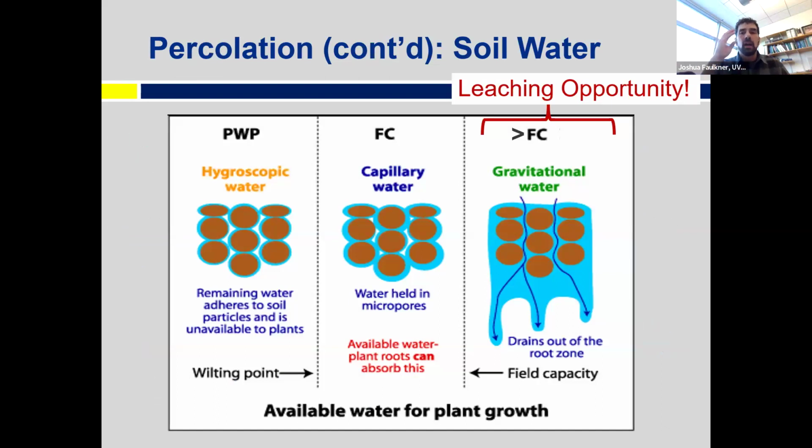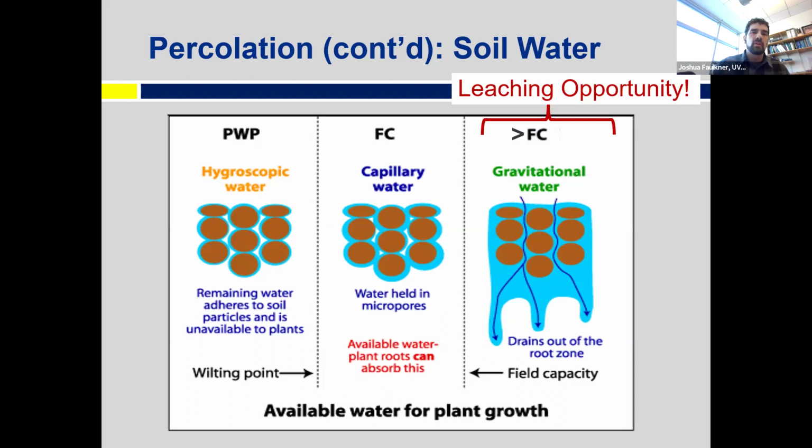And here's, I think, a really good graphic of what I just explained in the last slide with the written definitions. If we start from the right-hand side, moving to the left, we first start with a saturated soil. Water drains out of that due to gravity until we reach field capacity. Then we have capillary water within the soil, and this is the water that plants can utilize.